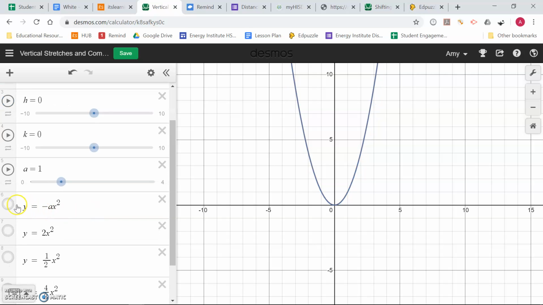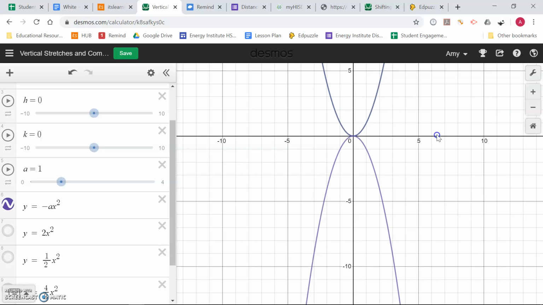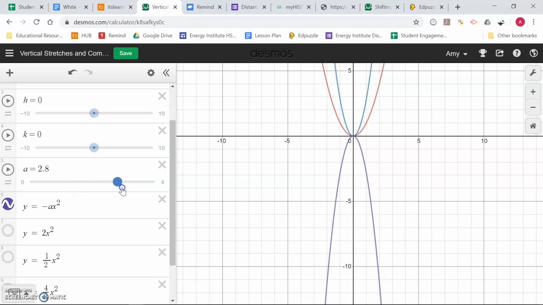Now we also could have negative A of x. And you notice that when it's negative, it's now been reflected over our x-axis. It's now flipped over. Now the same thing is still happening. When it's, in this case, something like negative 3, it's still getting skinnier, so it's still being stretched, but it has also been reflected.